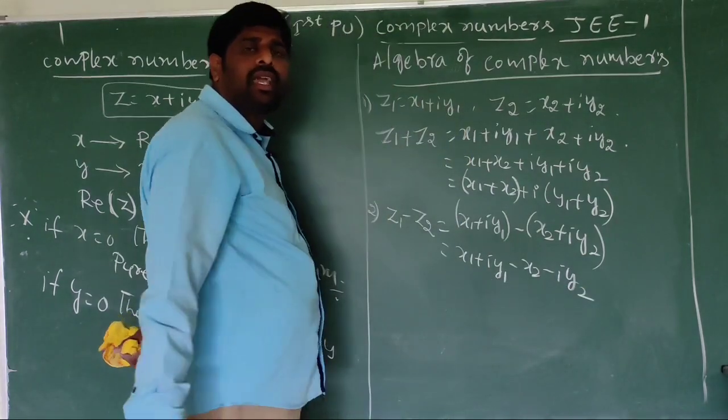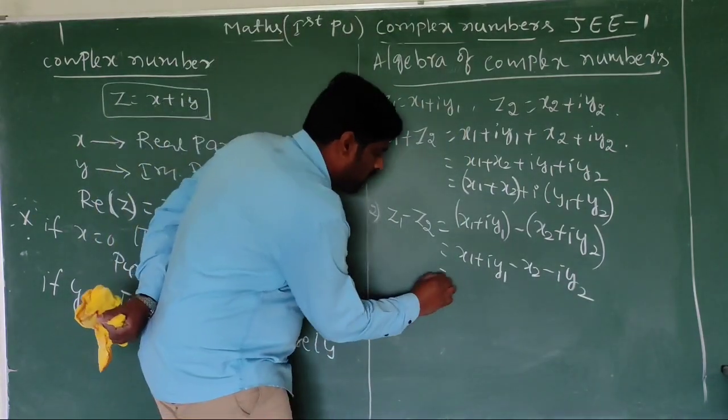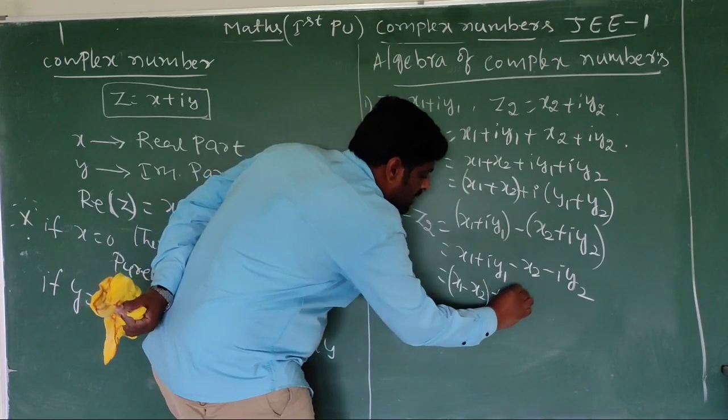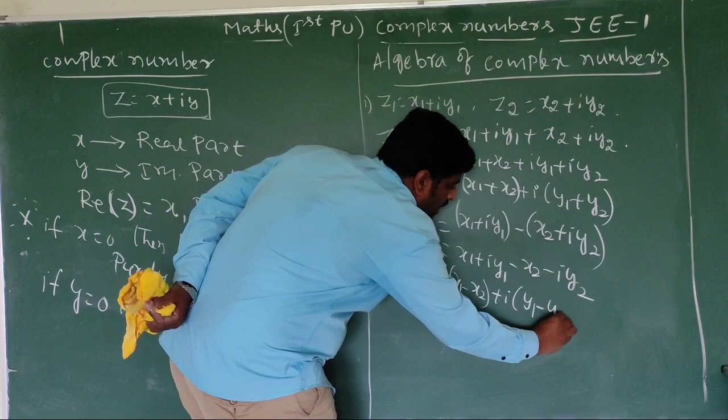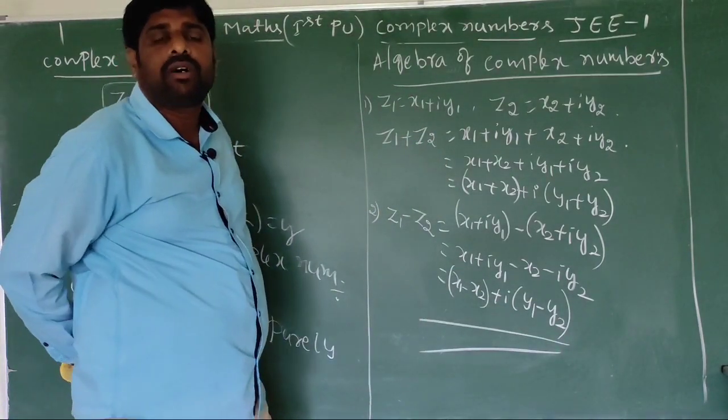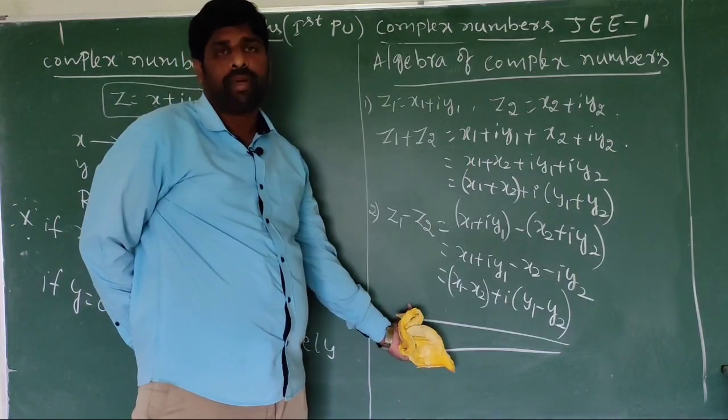Now separate the real part and imaginary part: x1 minus x2 plus i is common, y1 minus y2. This is subtraction or difference of complex numbers.